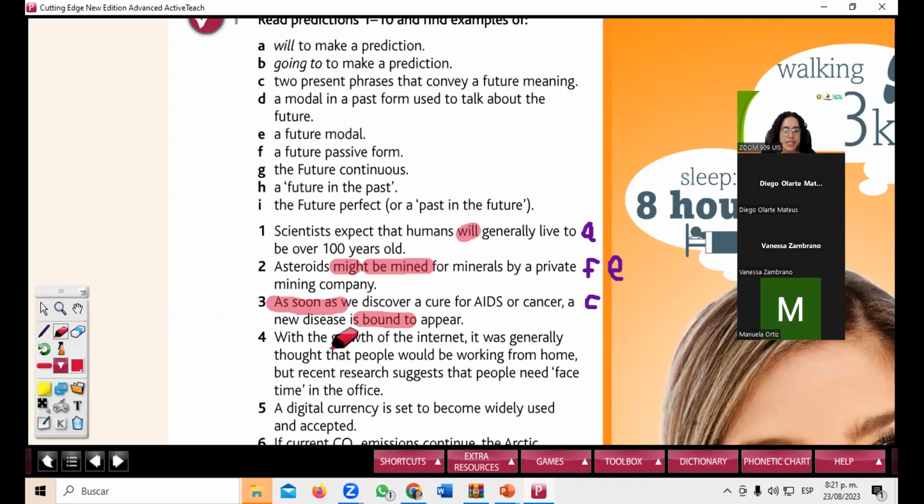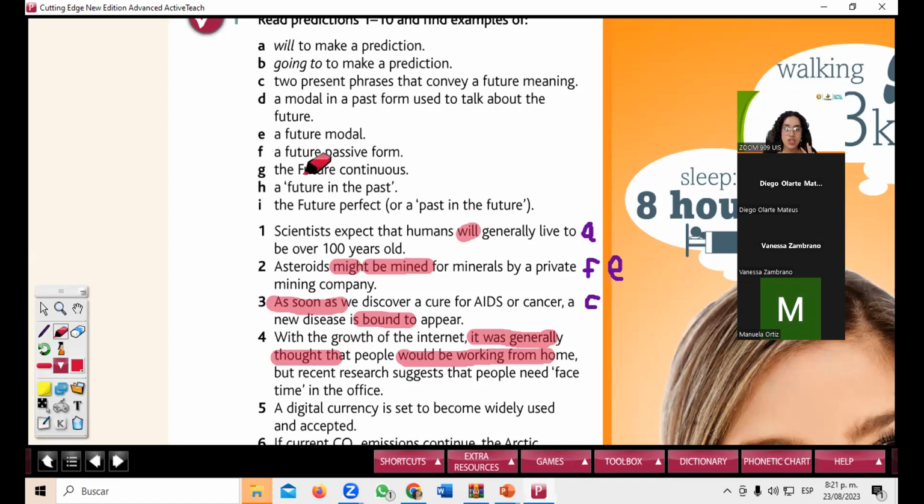Okay, let's analyze it. It was generally thought that people would be working from home. So let's think about the situation. We're talking about the past, but it's a future form that was thought about in the past, okay?